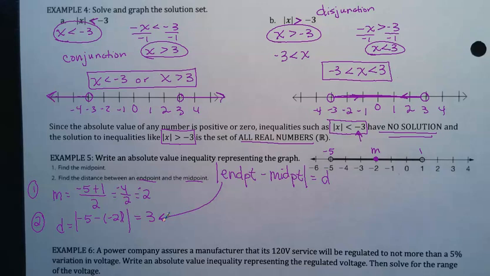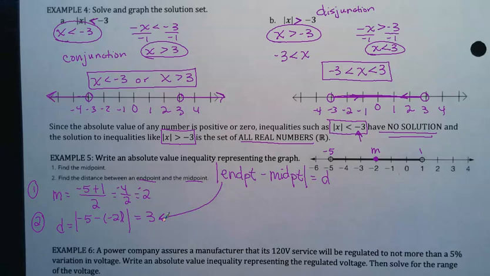All right, so now we're ready to write the absolute value inequality representing the graph. Okay. Hopefully you remember this from yesterday, or what we did before. If you recall, that formula for an absolute value inequality, or equation, is what we did yesterday.